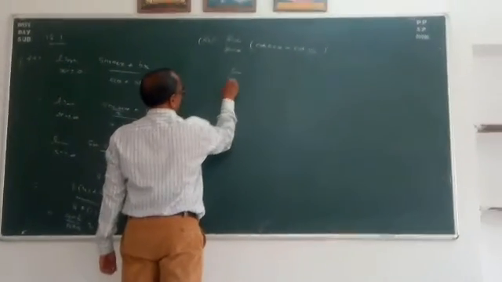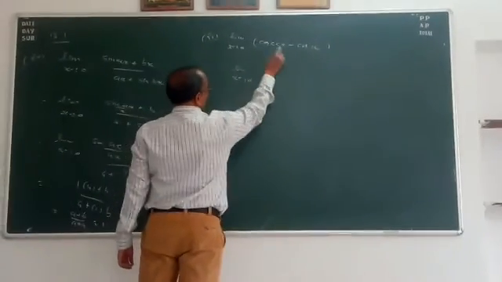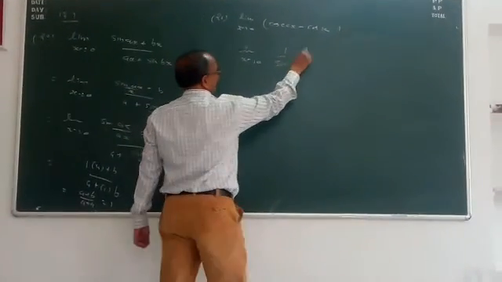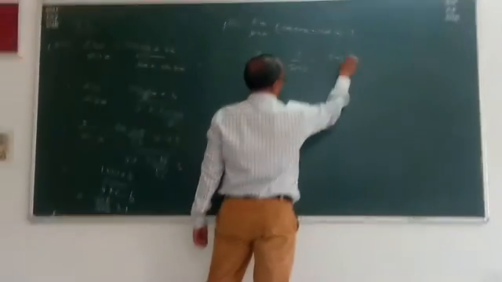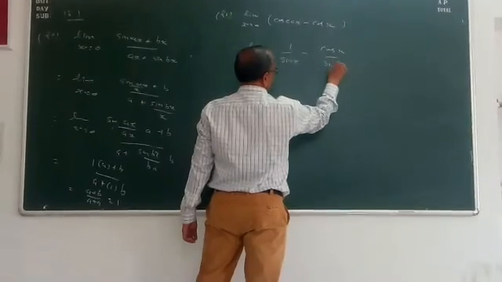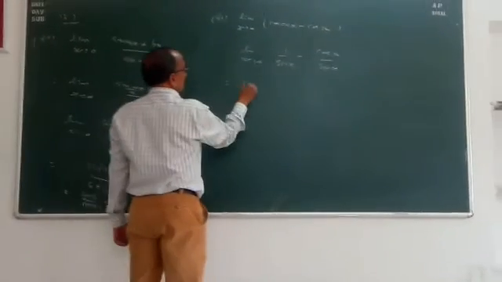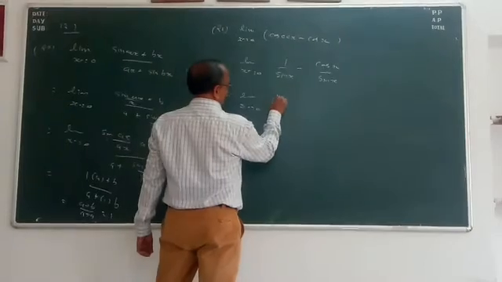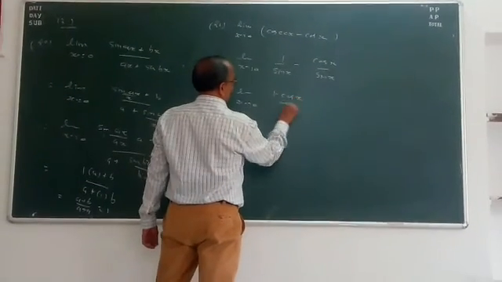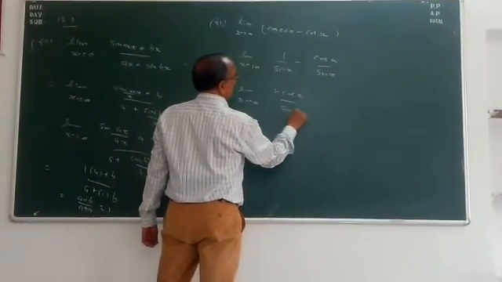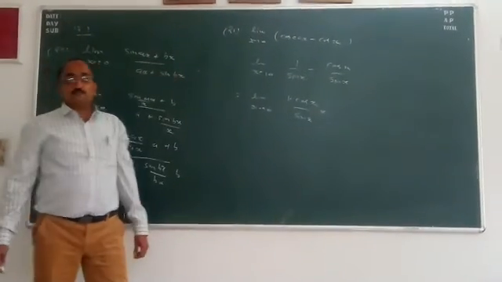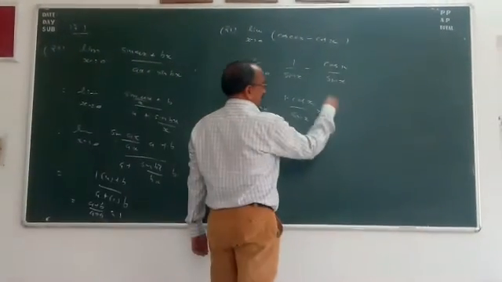Here we get limit x tends to 0 cosec x is equal to, we know that, 1 upon sin x minus cot x is equal to cos x upon sin x. So it is equal to limit x tends to 0, take LCM. We get 1 minus cos x upon sin x. Here in this type of question we multiply by the conjugate of 1 minus cos x to both numerator and denominator.